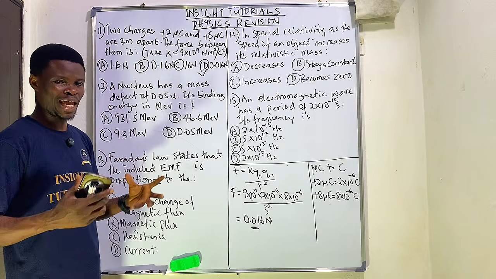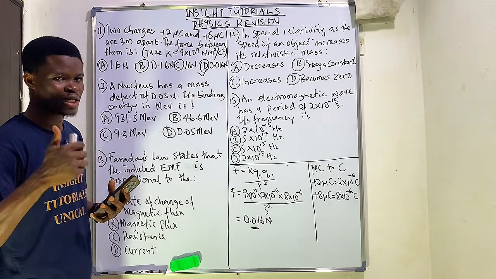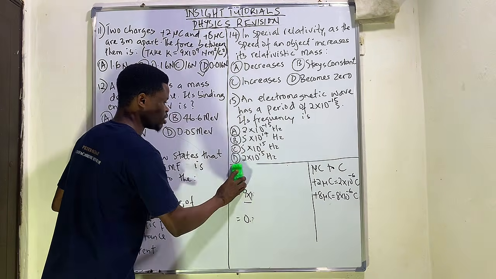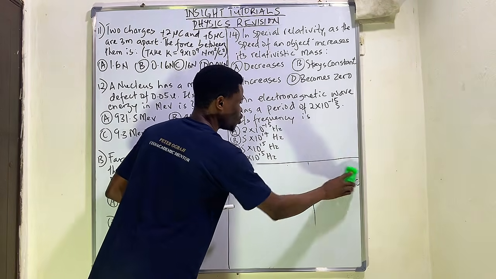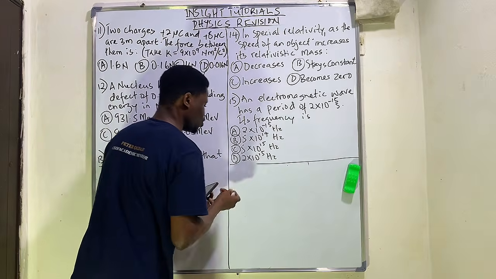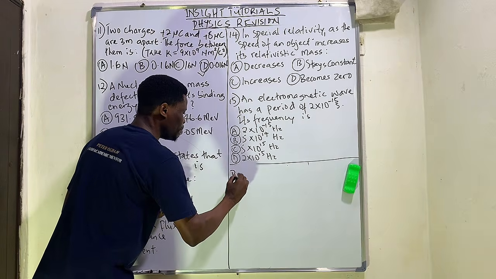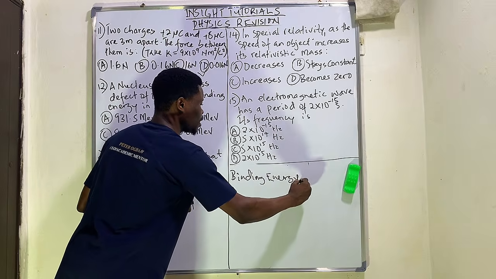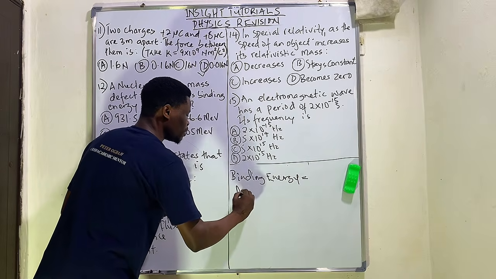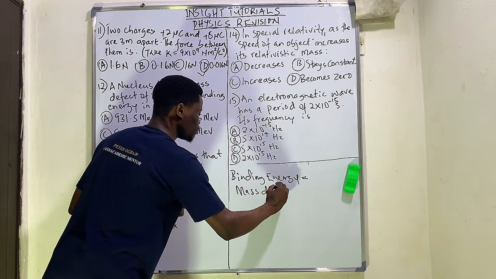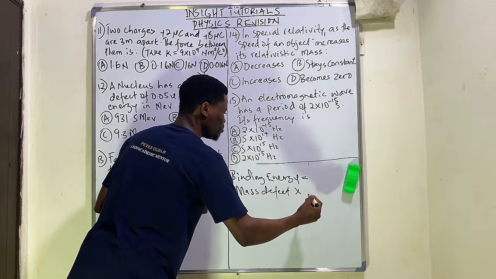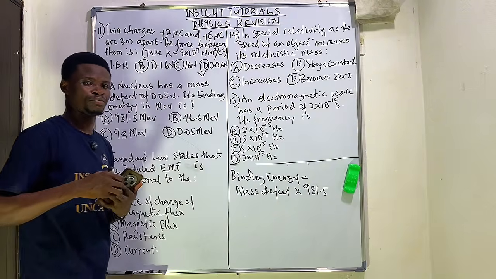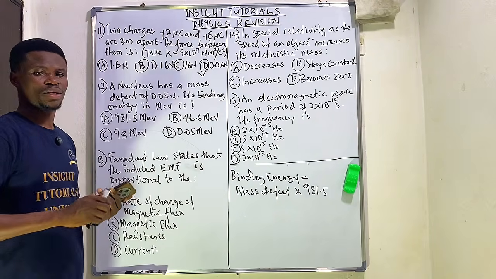The binding energy. Now, for you to be able to calculate the binding energy, the binding energy is equal to the mass defect times 931.5. Now, why is 931.5 there?